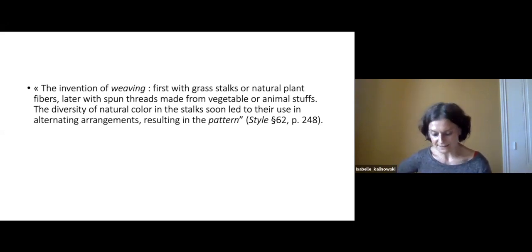In this text, Semper concludes to a dissociation between the components of architectural constructions. Walls, roofs, and floors are associated with different functions and different practical arts like textile, carpentry, and masonry.